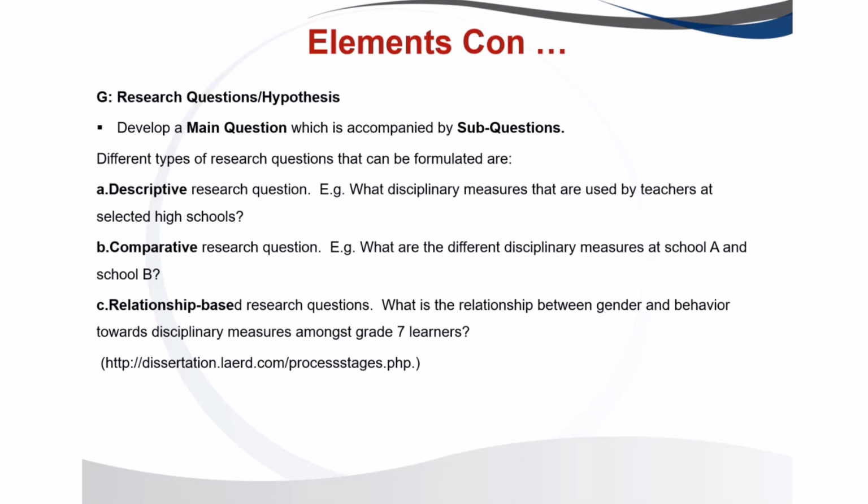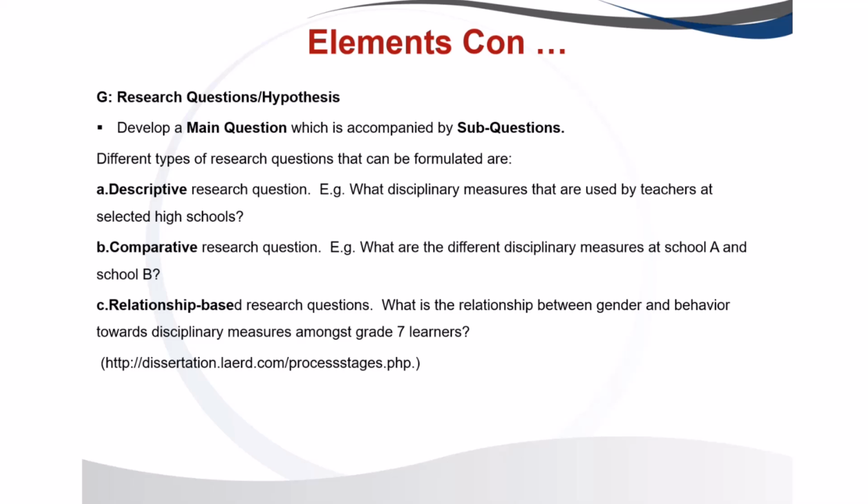The relationship-based research questions, then now we are looking at the relationship to say, for example, what is the relationship between gender and behavior towards disciplinary measures amongst grade 7 learners? In other words, you are looking at how this aspect of the topic is happening according to the different relationships.